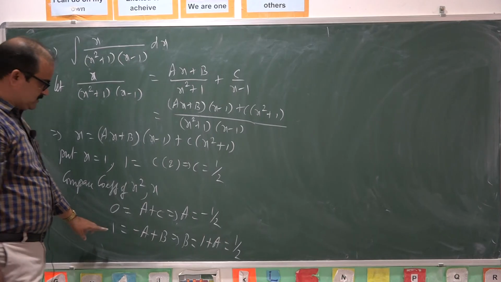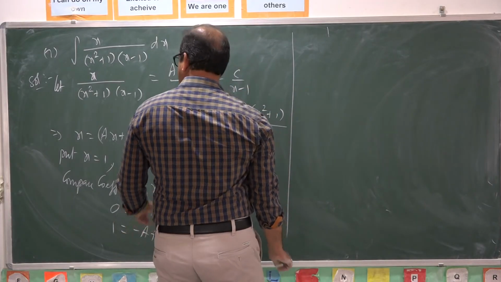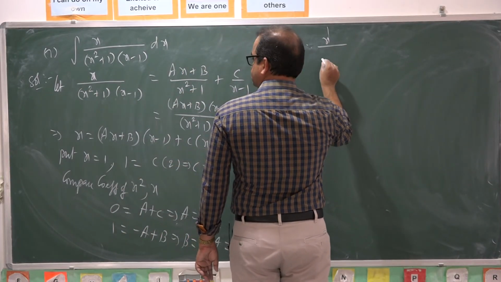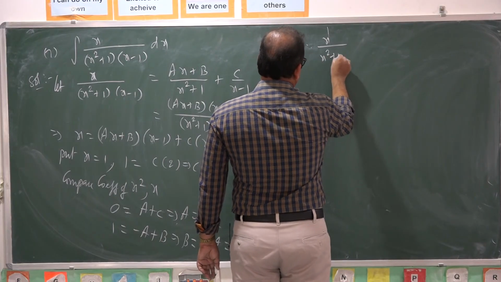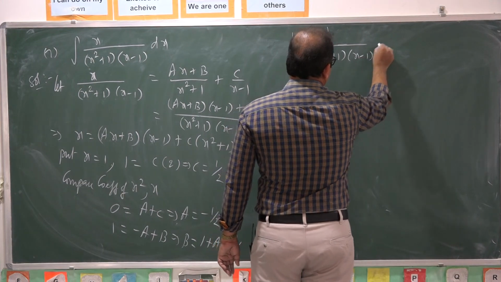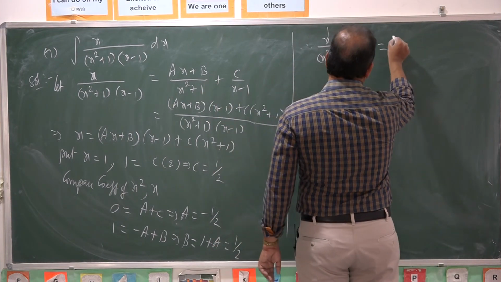Now substitute the a, b, c values. Therefore x by (x square plus 1) into (x minus 1) is equal to (ax plus b). What is the a value?